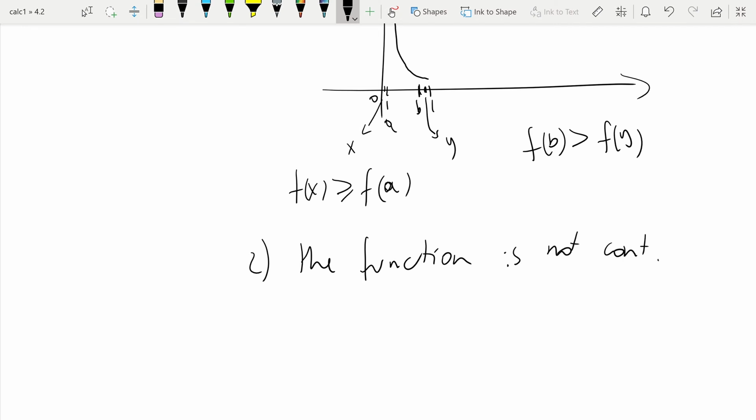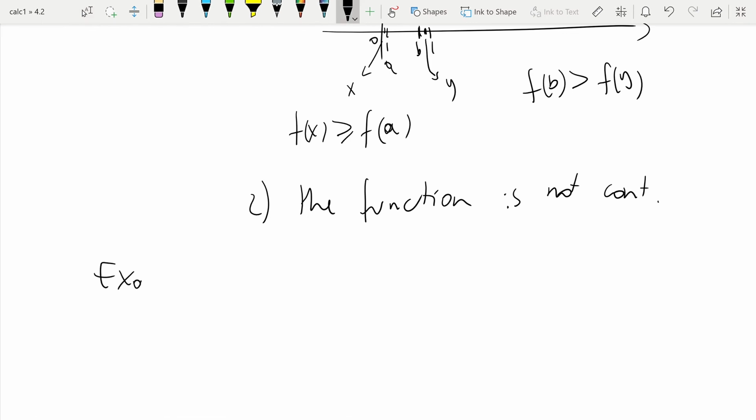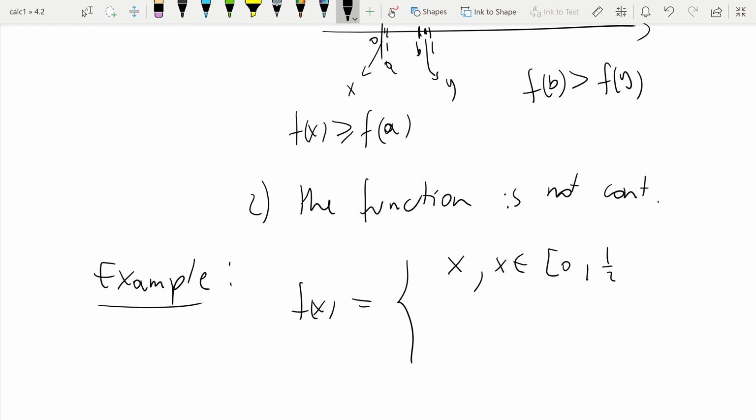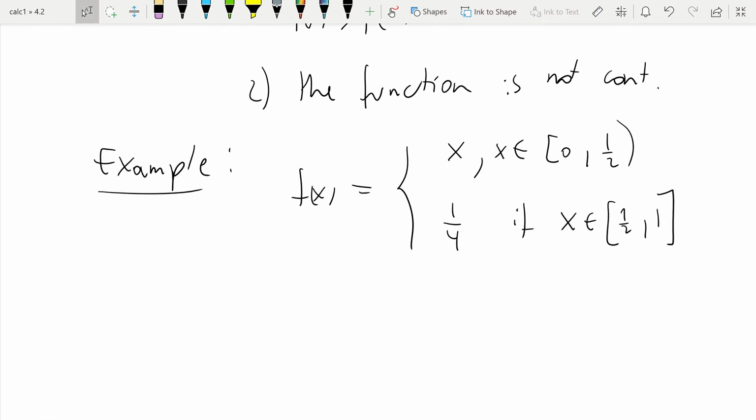As an example, see, f of x is equal to x if x is in the interval [0, 1/2), semi-open, and takes on the value 1/4 if x is in between 1/2 included, and 1. Here the interval where f is defined is the interval [0, 1] closed.